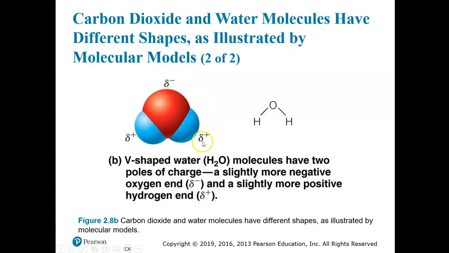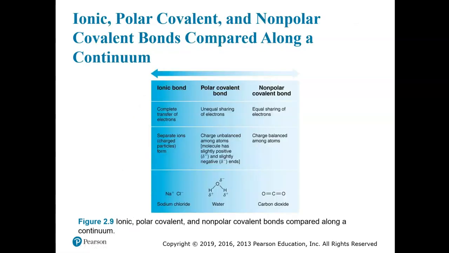The hydrogen atoms then would have a slightly positive charge. So it's called polar because you end up with two oppositely charged ends of the molecule. You have one end that's negative and one end that's positive. So that is what a polar covalent bond looks like. And our most common example of a polar covalent bond is water.